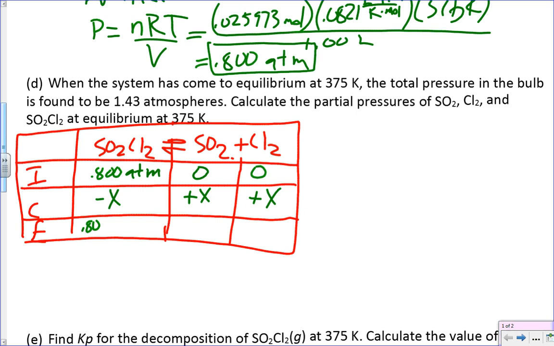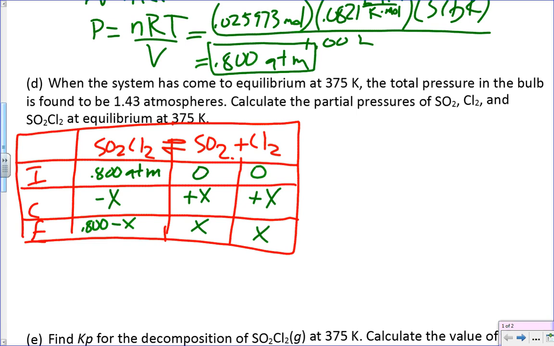So that means 0.800 minus X would have to represent our pressure of SO2Cl2 at equilibrium. SO2 would equal X and Cl2 would equal X. Now at this point, we'd normally set up our Kc or Kp, Kp in this case, of course, since we're dealing with pressures, equilibrium expression, and they would have given us probably what the Kp was and so forth, and we would have moved on.